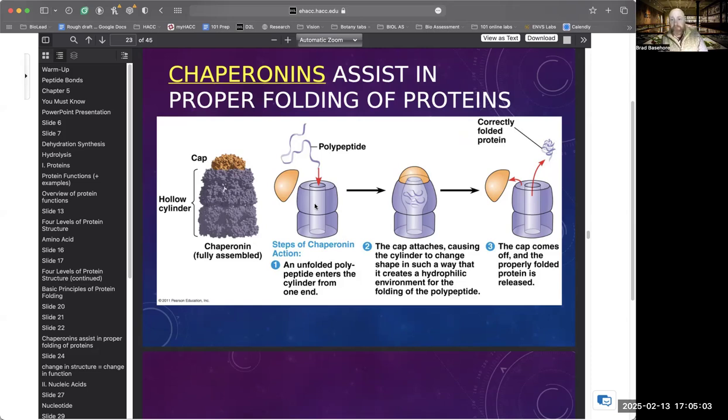You can really think of these chaperonins like they're molds for clay. You push the clay in, and the clay is going to take the shape of the mold. That's what happens inside of a chaperonin, but it's more of a chemistry mold than anything.